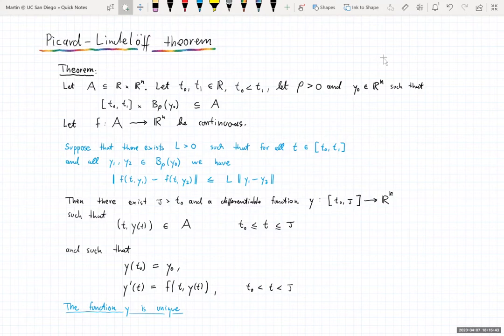But we've also seen that there are initial value problems which satisfy the conditions of the Peano existence theorem, which have solutions, but in particular, they have infinitely many solutions. So for many applications, the Peano existence theorem is somewhat unsatisfying, because in many cases, we do have unique solutions to ordinary differential equations.